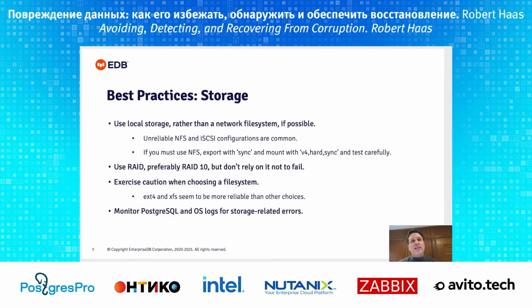Similarly, when you add things like virtualization or containerization, you're making the process by which the data that you write gets out to the disk more complicated. And every time you do that, there's a possibility that something stops working. So if you use those kinds of technologies, you really need to test carefully to make sure that you haven't broken the reliability of the system.